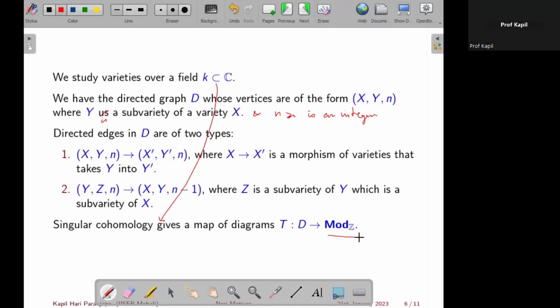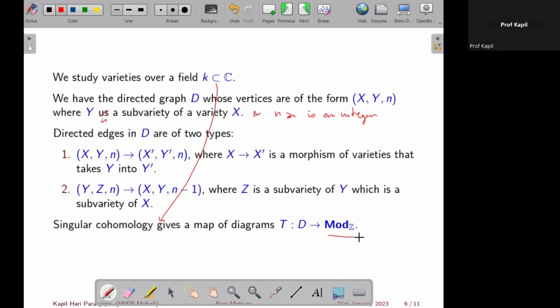So something needs to be proved in order to say that these are finitely generated abelian groups. If I take a manifold, there is no reason why its homology is finitely generated. But for varieties, the homology is a finitely generated abelian group. That requires some proof, and it's a true statement.